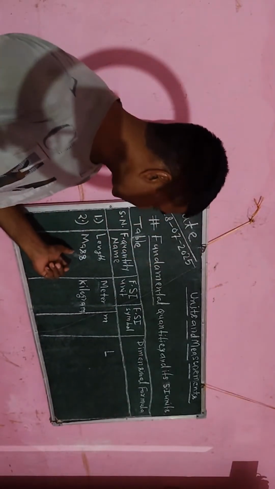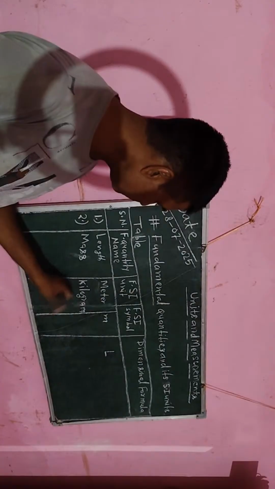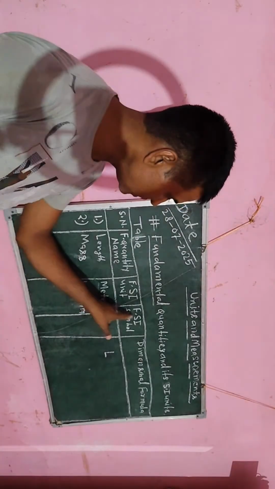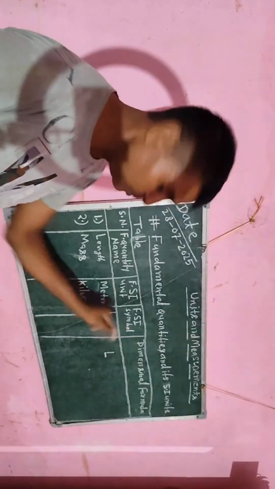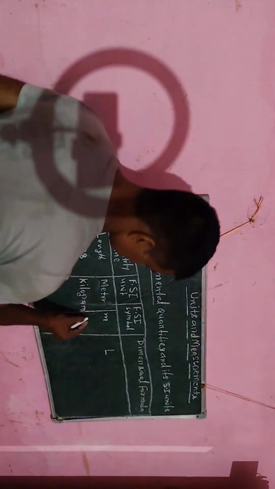Now mass has the SI unit kilogram, and its fundamental SI symbol will be kg.